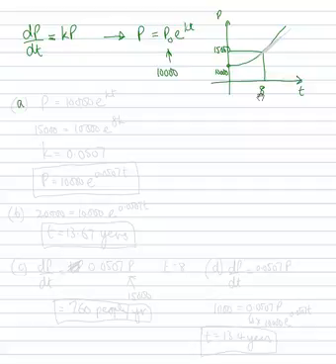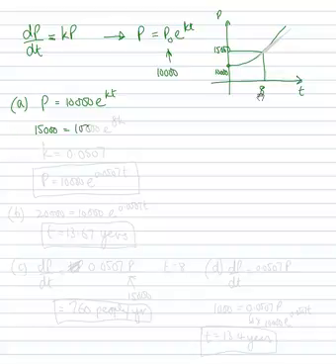Okay, so the first part says, find an expression for the population size at the time of t years. In other words, we need to fill in the unknowns in this formula. We know P0, but we don't know what k is. So we know that P equals 10,000 e to the kt. And the bit of information that we have been given is that when t equals 8, the population has grown to 15,000.